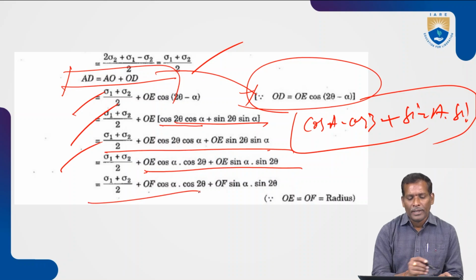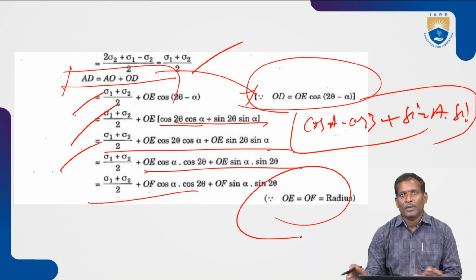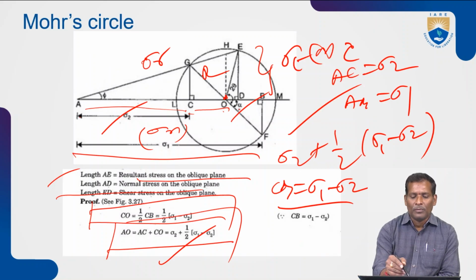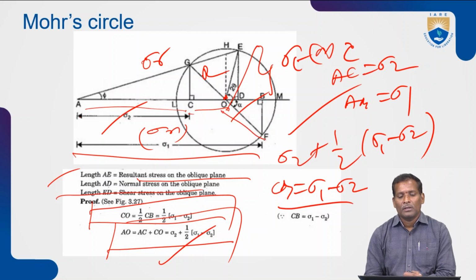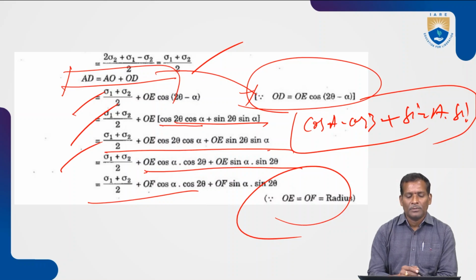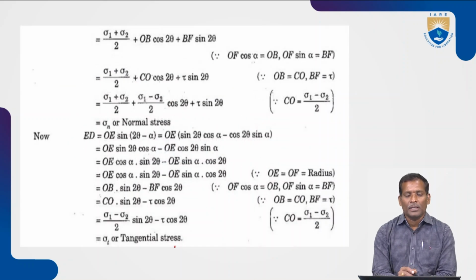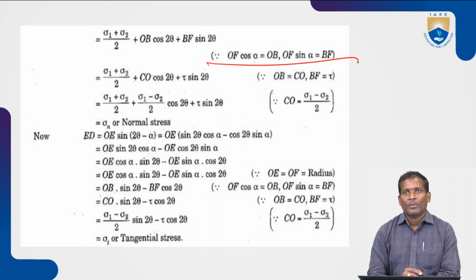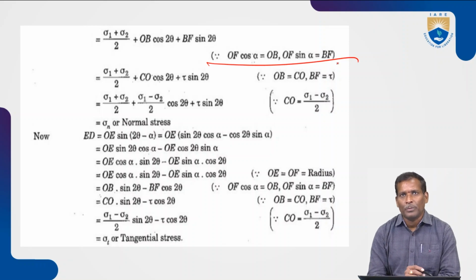This can be written in terms of OF, since according to the diagram OE is equal to OF, which is the radius. So instead of OE, substitute OF. Now OF cos alpha is equal to OB and OF sin alpha is equal to BF.